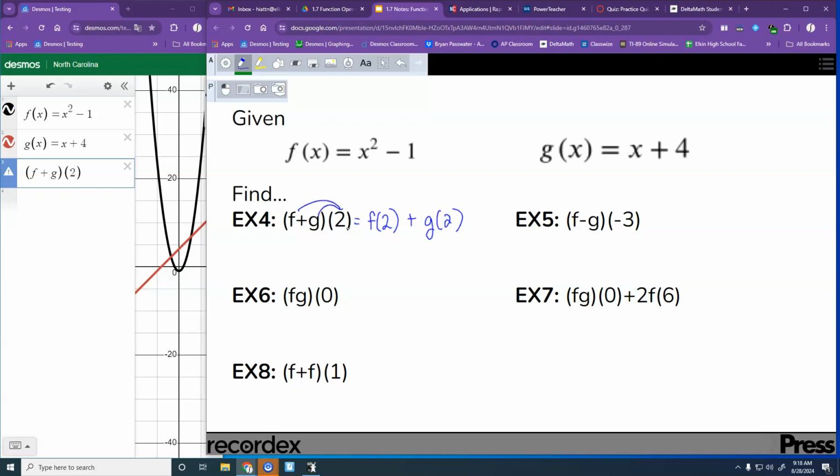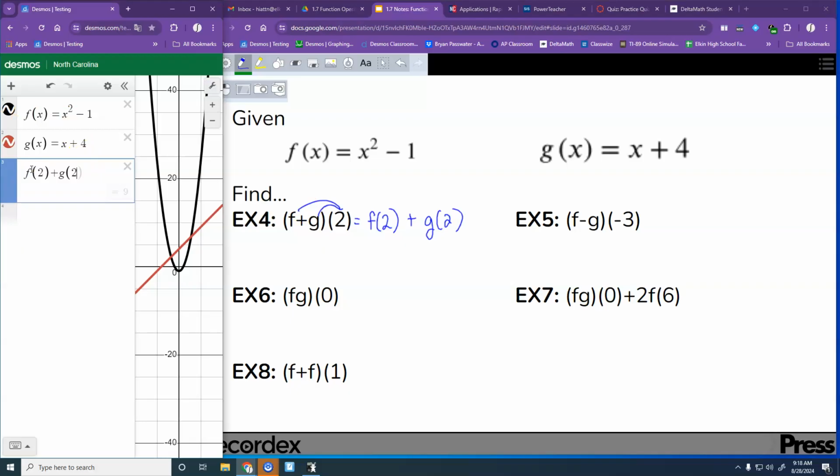So if I type it in that way, f of 2 plus g of 2, then I get 9. Okay, do you guys see what to do there? All right, what do you guys think I need to do on 5? How would I type that into Desmos?